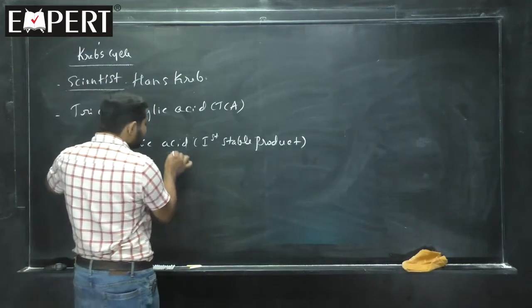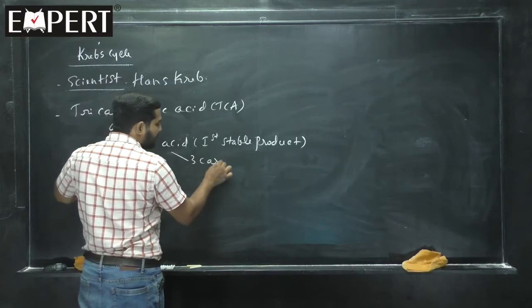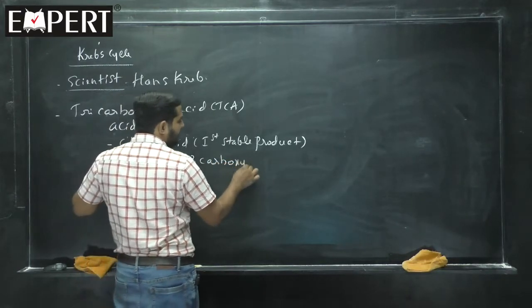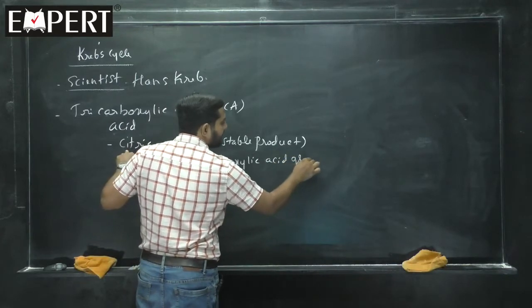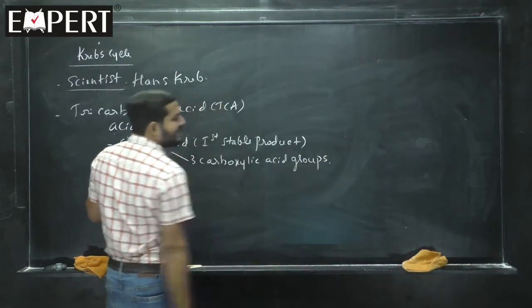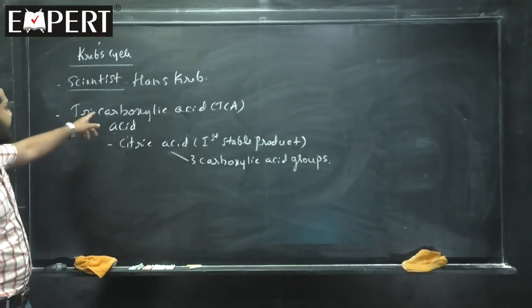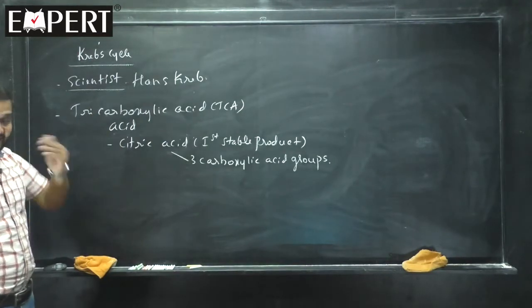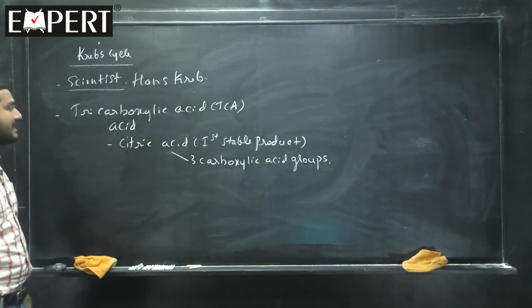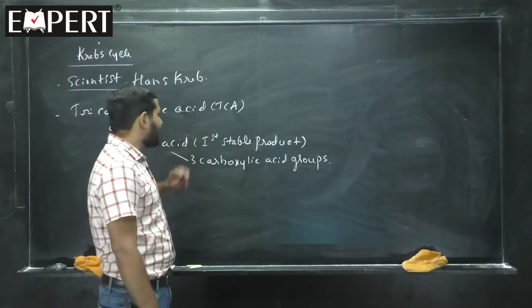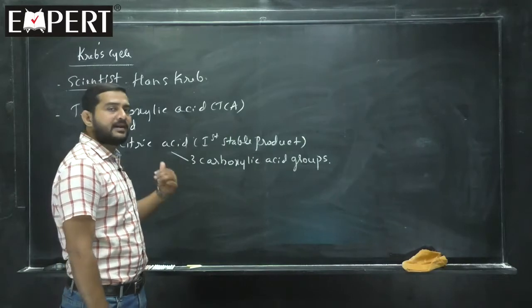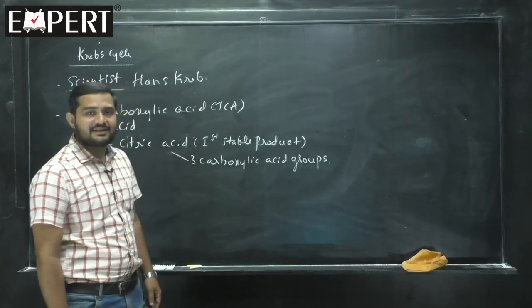Citric acid has 3 carboxylic acid groups. So, it is also called the citric acid cycle or tricarboxylic acid cycle. Why tricarboxylic? Because citric acid, the first stable product of the Krebs cycle, has 3 carboxylic acid groups.